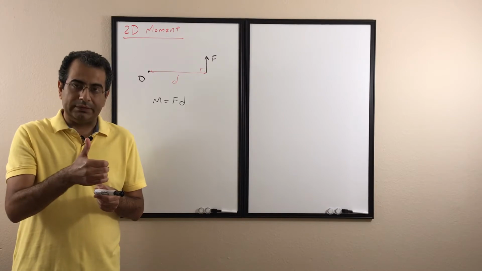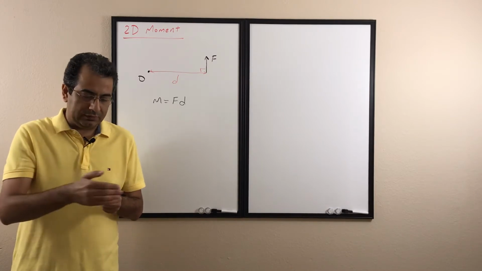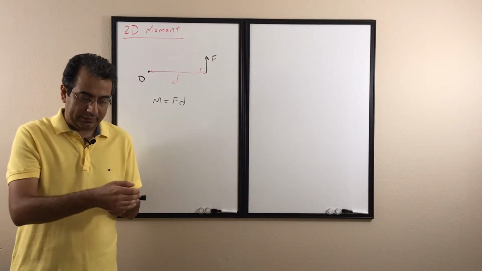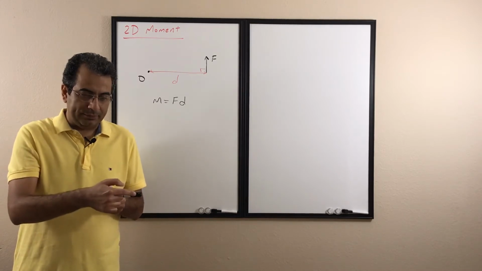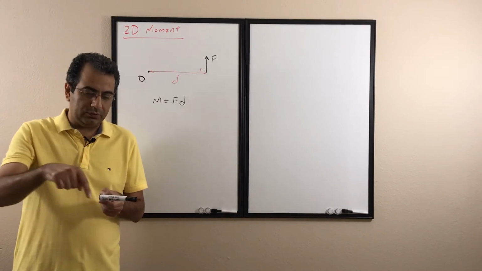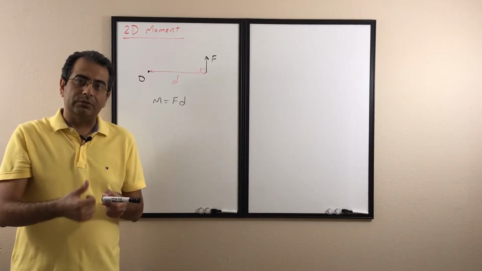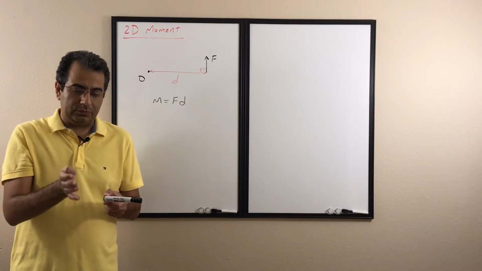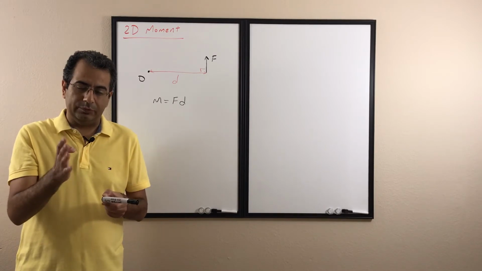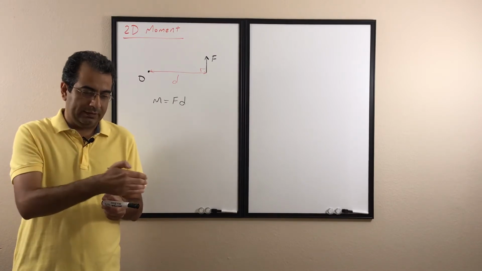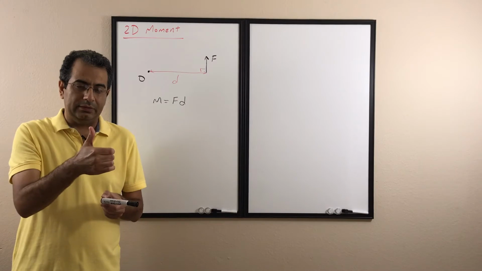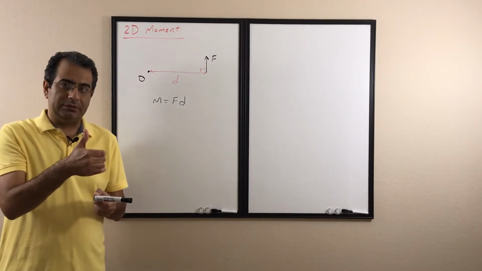So it's going to be in the z-axis. If this is rotating in the x and y plane like that, then the moment would be perpendicular to that plane. So if it's rotating in the x and y plane, the moment would be in the z-axis. One more time, we curl our forefinger in the direction of rotation, and the thumb shows the direction of the moment.